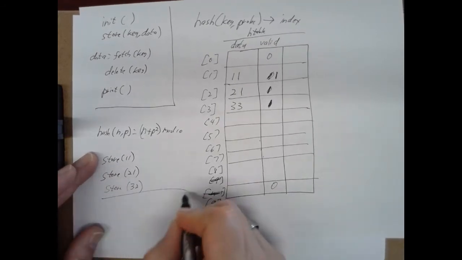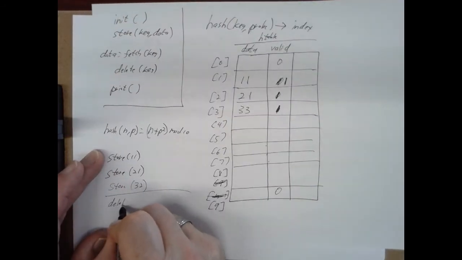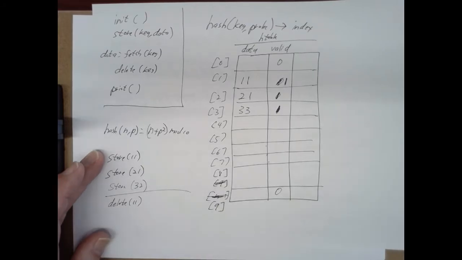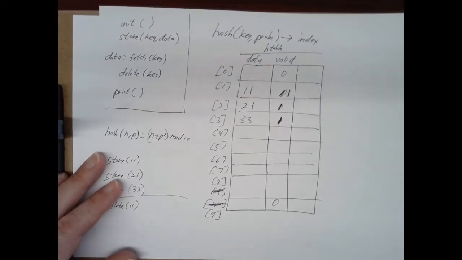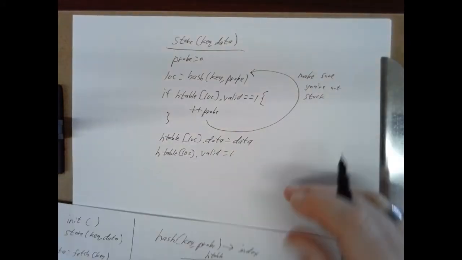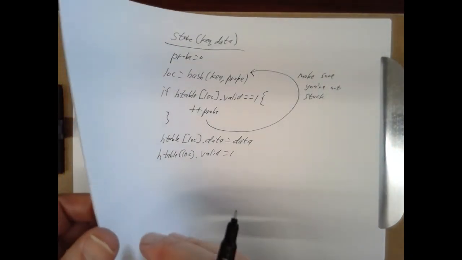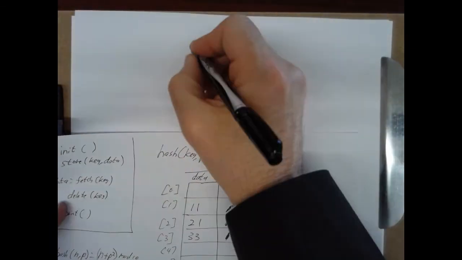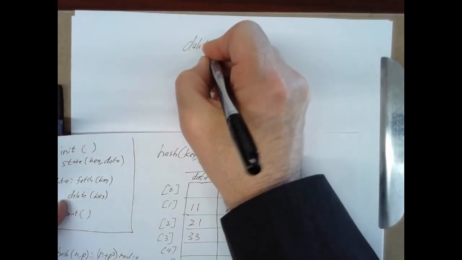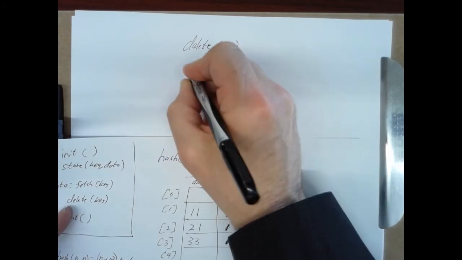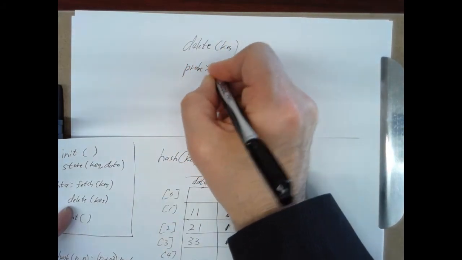So the trickier part is deletion. So delete 11. Well, we can hash our key. So set your probe equal to 0.